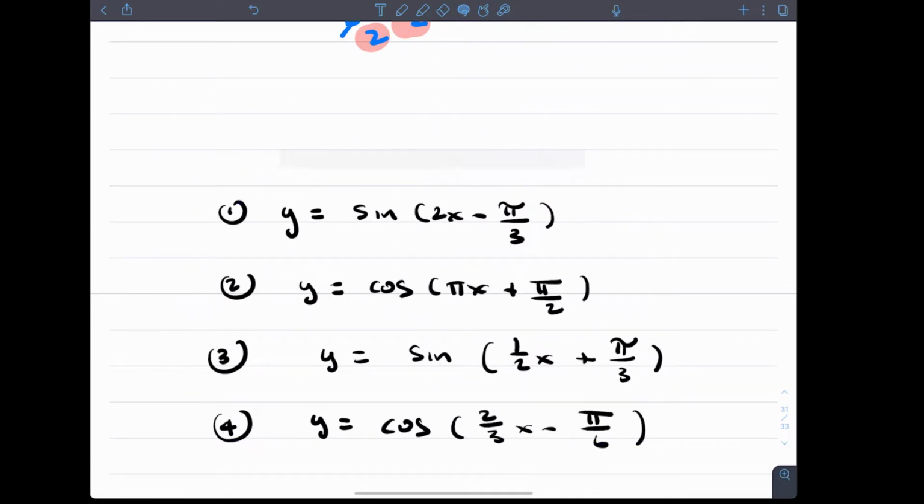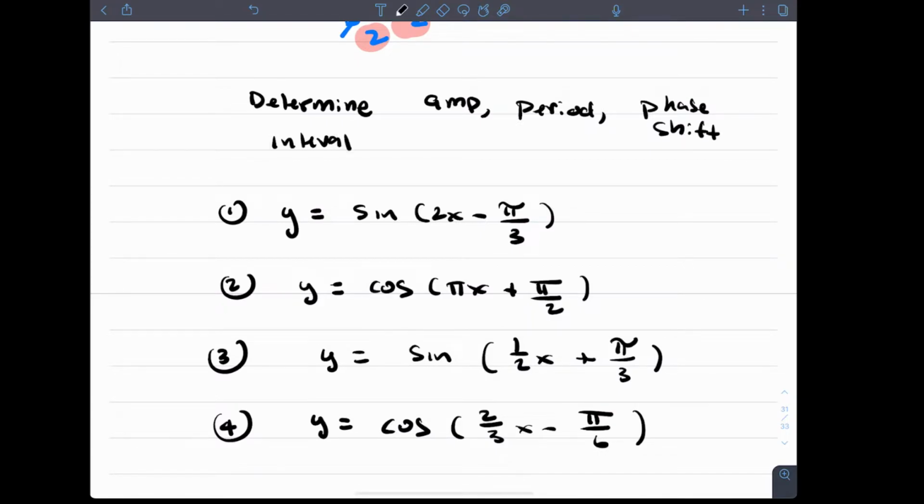For today, I'm not going to go into all the detail of graphing because I have already. You want to determine the amplitude, the period, and the interval of one cycle, or we forgot that phrase called phase shift. And your interval of one cycle.